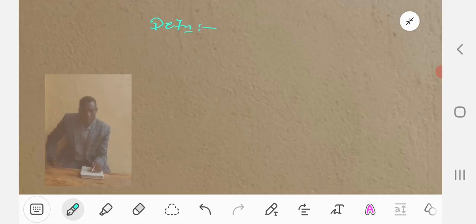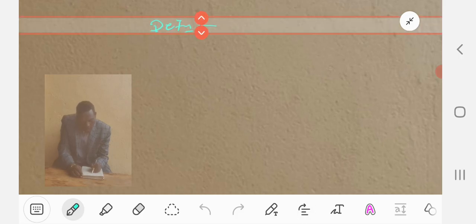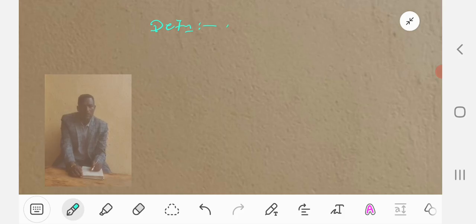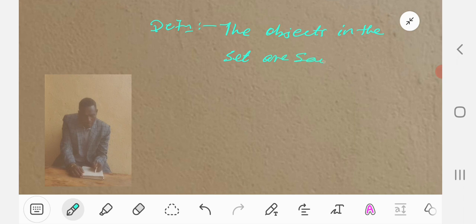The objects that are present in the set are said to be elements. This definition is about elements. Let's say the objects in the set are said to be elements. And the elements of the set are separated one from the other by comma.